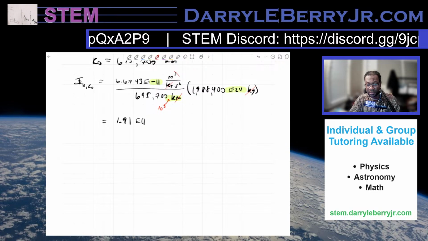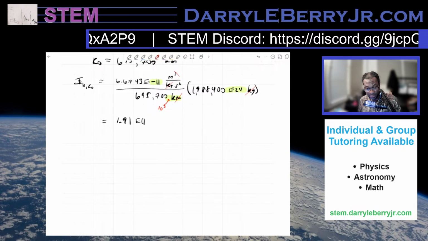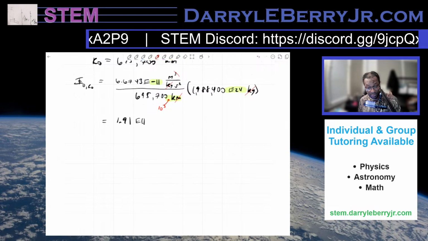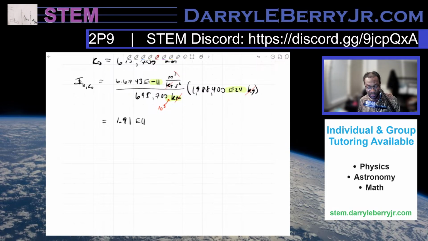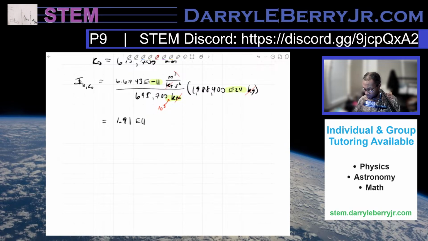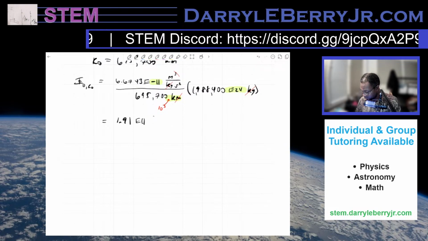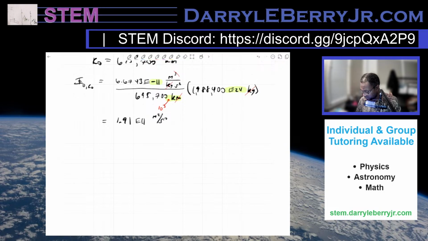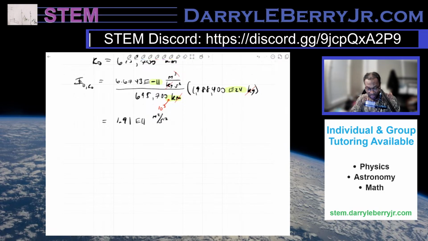Let me see. Second squared meters cubed. Yep, that's the units. Hmm. Squared over second squared. So let me check this and see what may be incorrect.